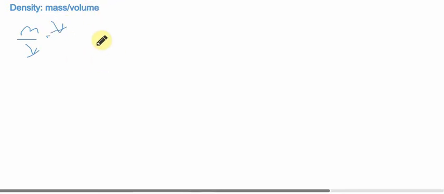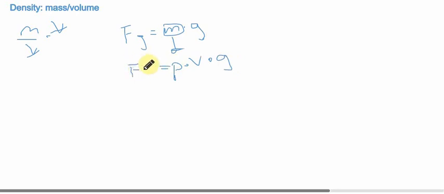So if we look at our original F_g equals mass times gravity, or mass times acceleration, we can just substitute our density and volume in for our mass. So density times volume times g, that gives us F_g.